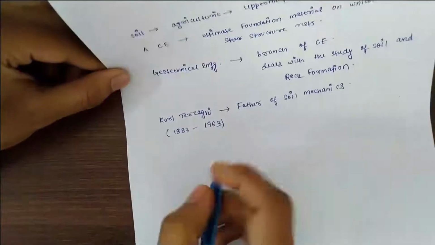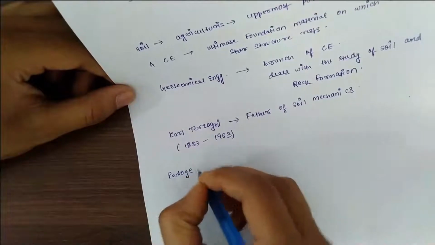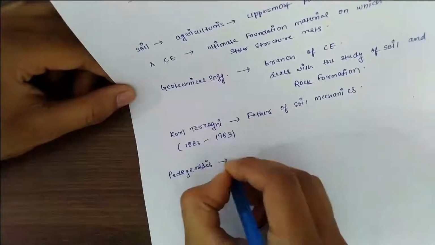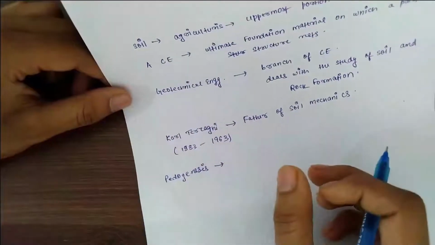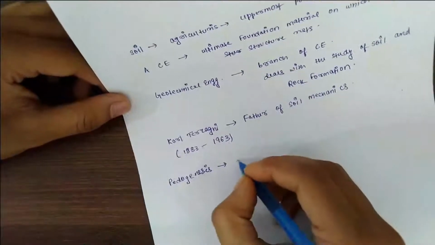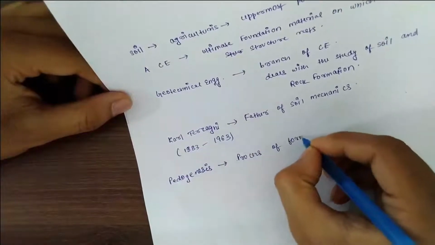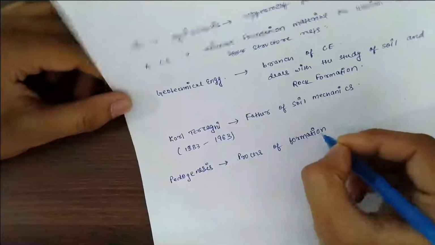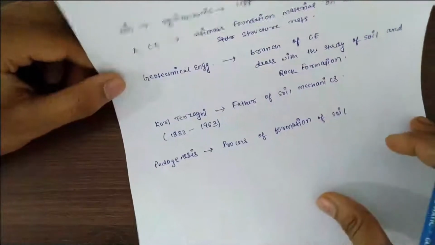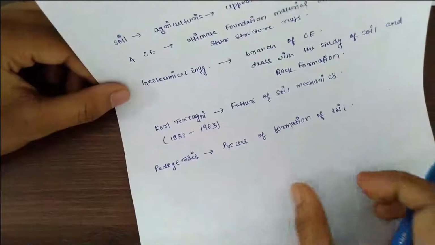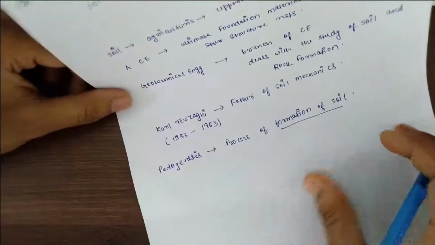Then there's a term known as pedogenesis. What is pedogenesis? The process of formation of soil is called pedogenesis. Now, how does the formation of soil take place?